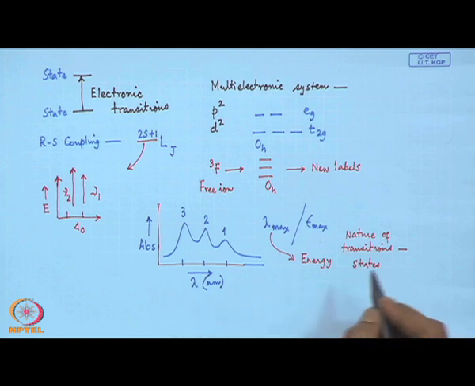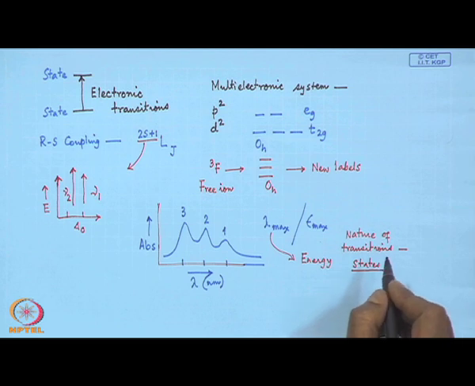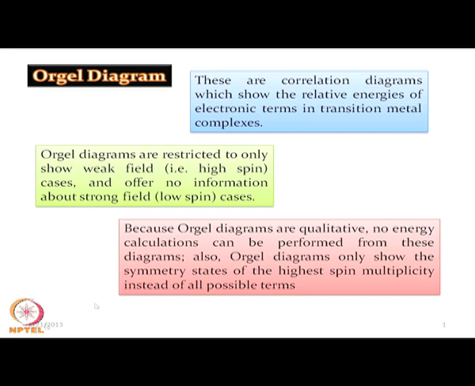So, we will have the corresponding level for these states for the free ion or in the complex form, and then those states will be responsible for the transitions. We cannot have precise calculations of the energies for these transitions, but they can show only the symmetry states of the highest spin multiplicity instead of all possible terms.